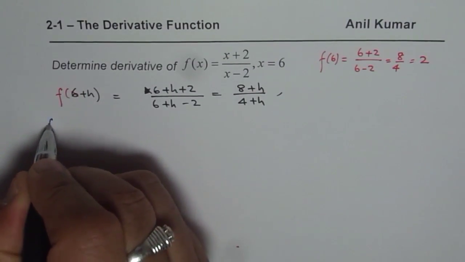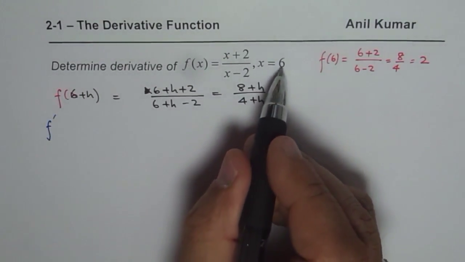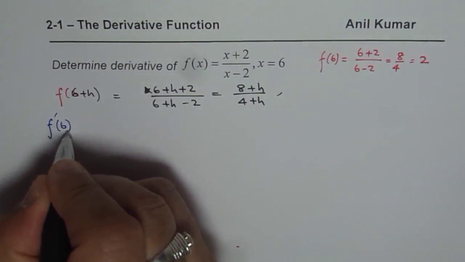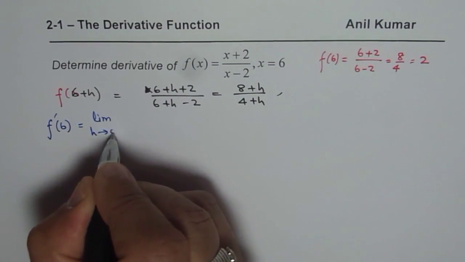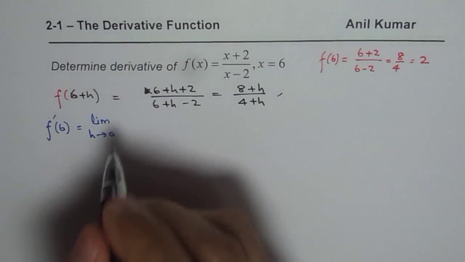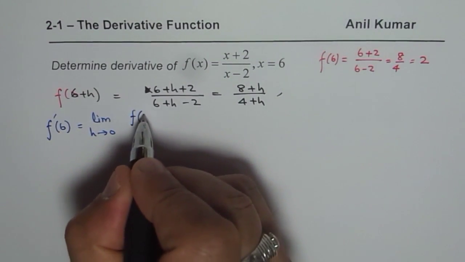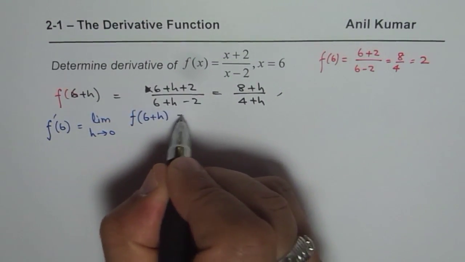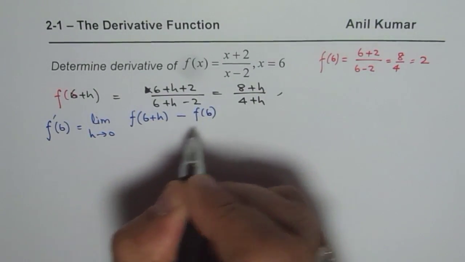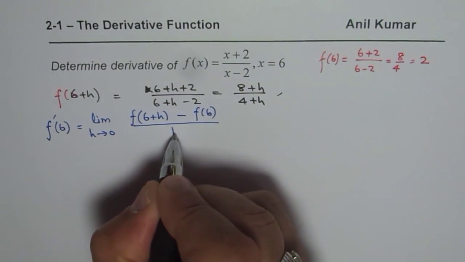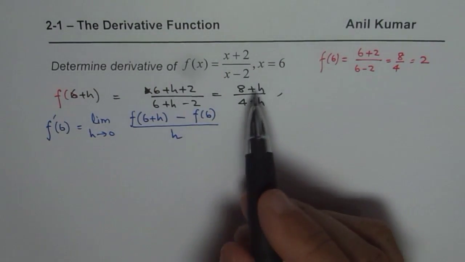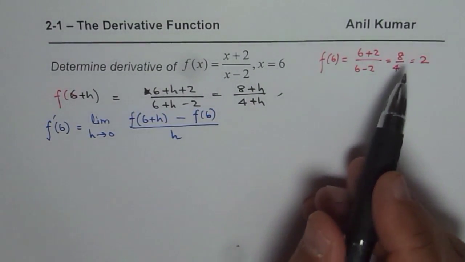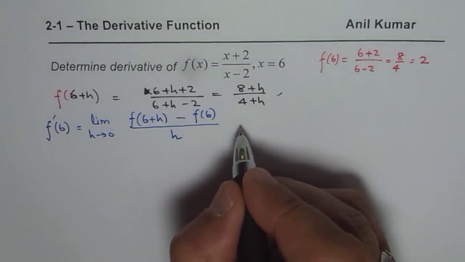So we say the derivative at any given point, in this case the point is 6, will be equal to the limit as h approaches 0 of f of 6 plus h minus f of 6, divided by h, right? When you have complicated functions, it is better to evaluate them and simplify them and then substitute them in the equation.